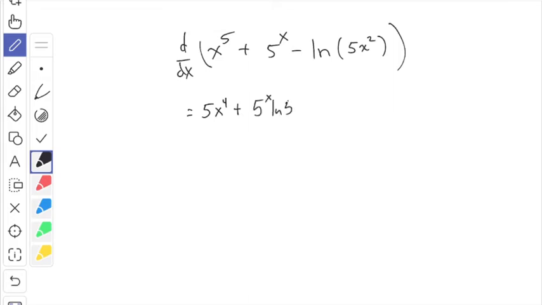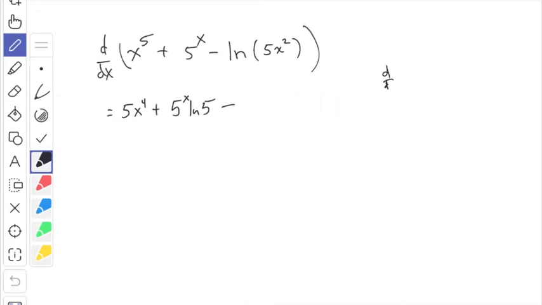Yeah, 5 to the x ln 5. This is actually one of the rules that I said I was going to give you on the test. The first one in the list of formulas I will give you. All right, so, I mean, you have to know that there is a formula for that. I hope that you know. And then minus natural log of 5x squared. The basic formula is the derivative of ln x is 1 over x, right?